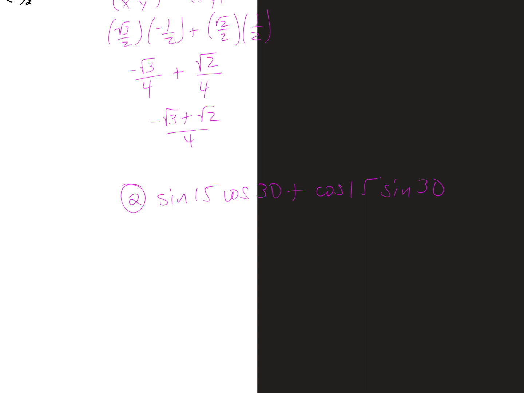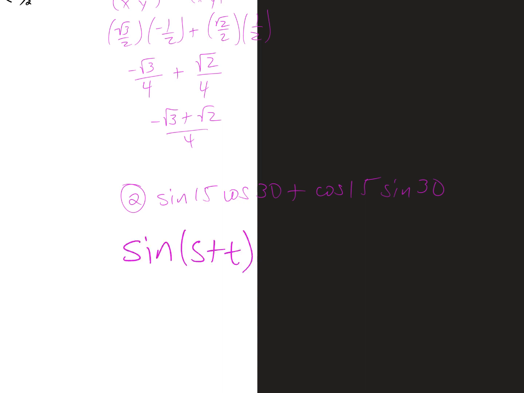So this is going to tell you, hey, write as one single trig function and then tell me the exact answer. So you would look at your formula sheet and figure out what trig function they're talking about. What function goes sine cosine plus cosine sine? Sine of S plus t.